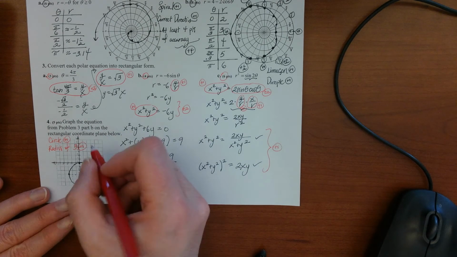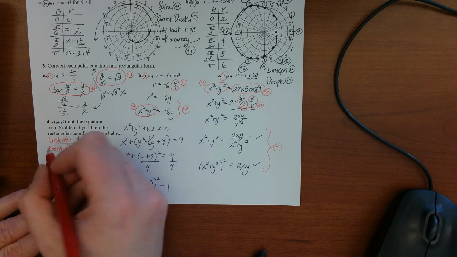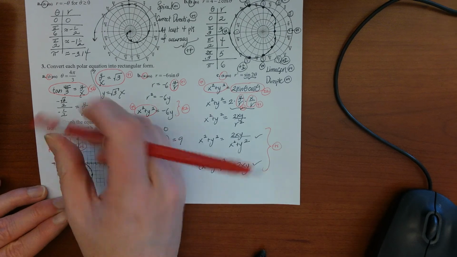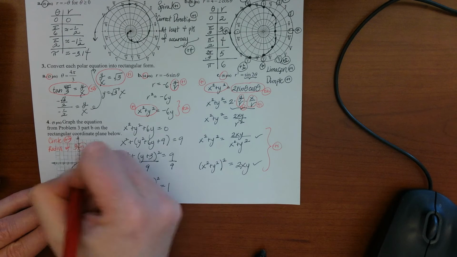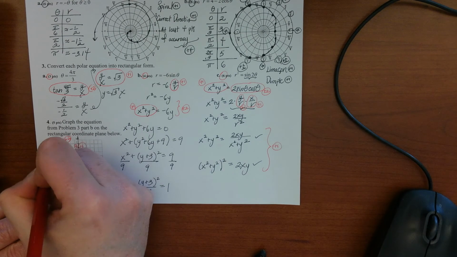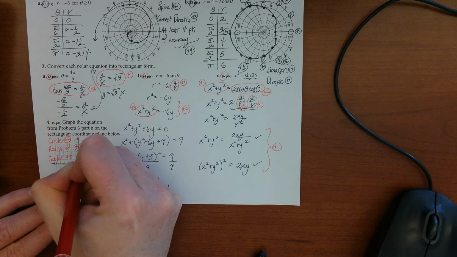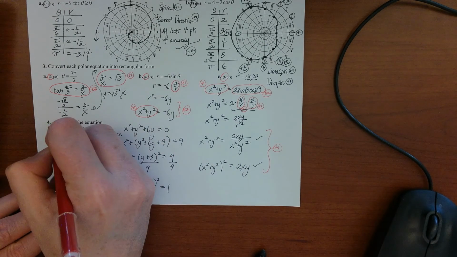And then actually, let's give you 2 points for having a circle. And then from there, we'll give you 2 points for having the center at 0, negative 3. And that's your 5 points.